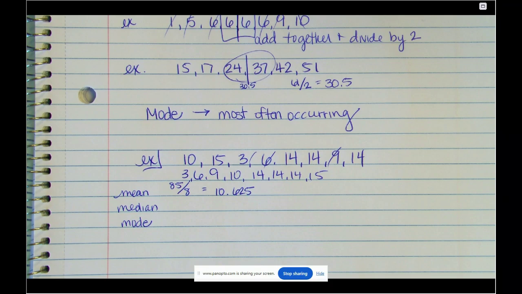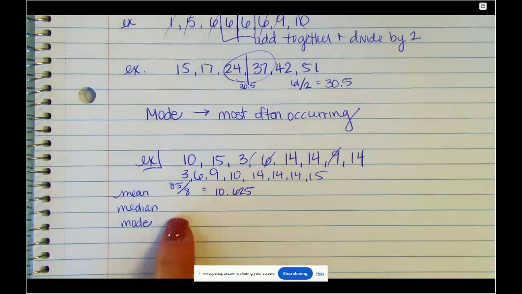I know right away you missed a 14. I can then give you partial credit. If you show me this, I can be like, oh, maybe you typed in your calculator wrong. I can go, oh, you knew it was 85 over 8. I know you know what you're doing, and then you lose less points. You don't have to, but it's worth your time. Because what if you make a mistake?